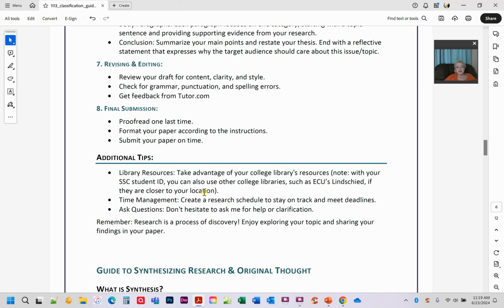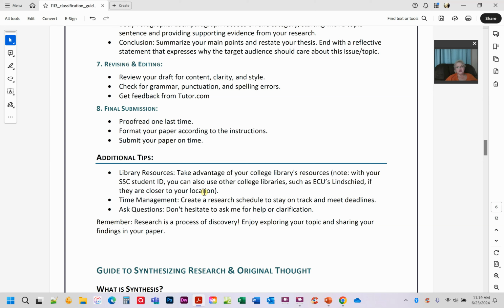I'm not sure where all of you live. Obviously, if you do not live in Oklahoma, then I don't think it would work there. It really is if they're a member of the OneNet system here in Oklahoma. But you could call ahead and say, yes, I'm a student at SSC. I have my ID. Am I allowed to come in and use resources? Some of them will even let you check out things as well. So look at those college resources.